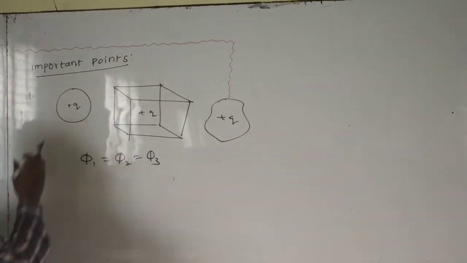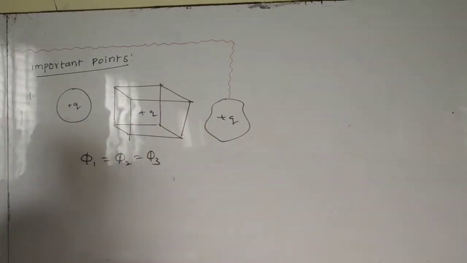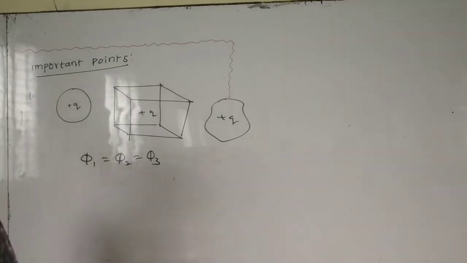Here the electric flux is Q by epsilon naught for each. And it is valid for general charge distributions.